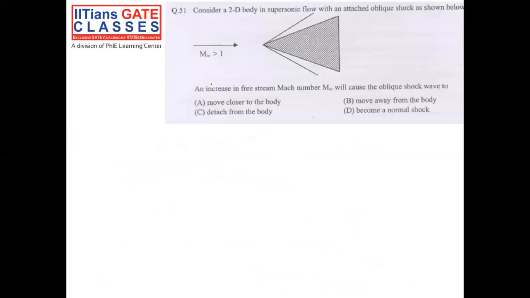Next question. Consider a 2D body in supersonic flow with an attached oblique shock as shown below. So an increase in the free stream Mach number M infinity will cause the oblique shock wave to move closer to the body, detach from the body, move away from the body, or become a normal shock.